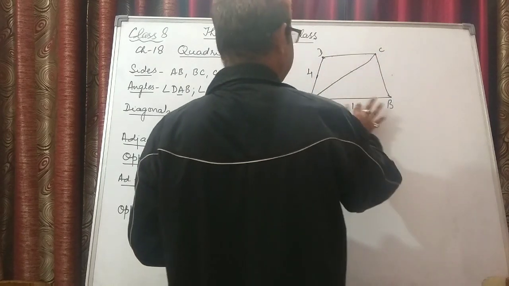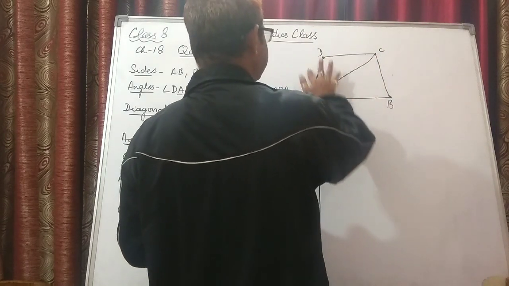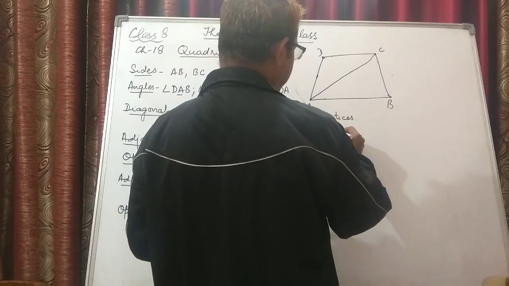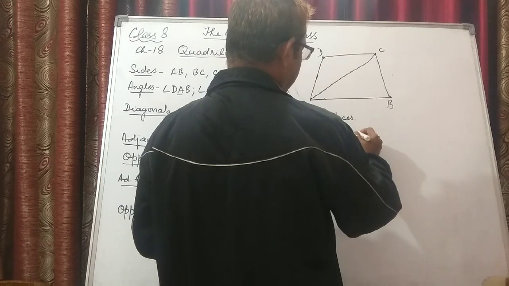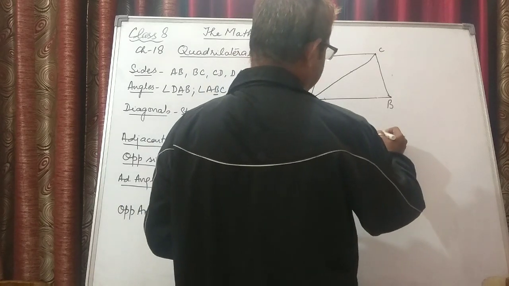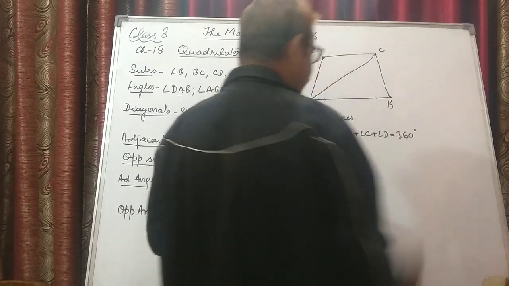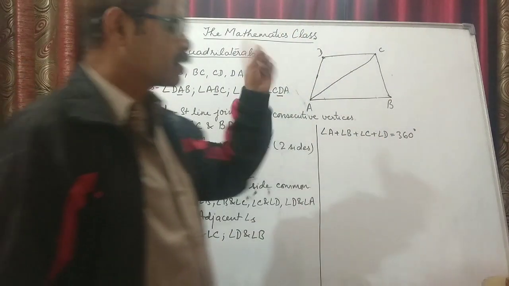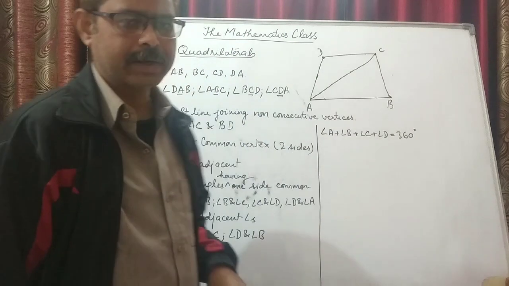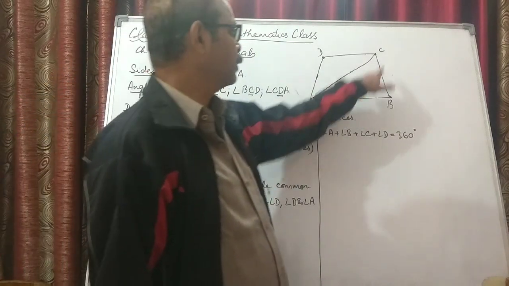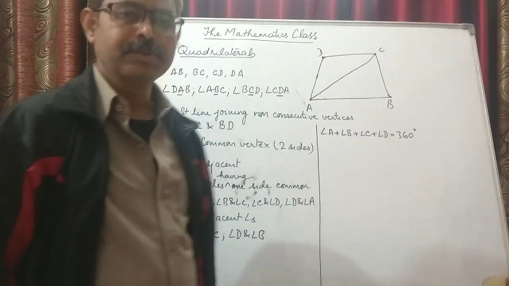Let us say that this is a quadrilateral ABCD, and we need to prove that angle A plus angle B plus angle C plus angle D is equal to 360 degree. This is what has to be proved.